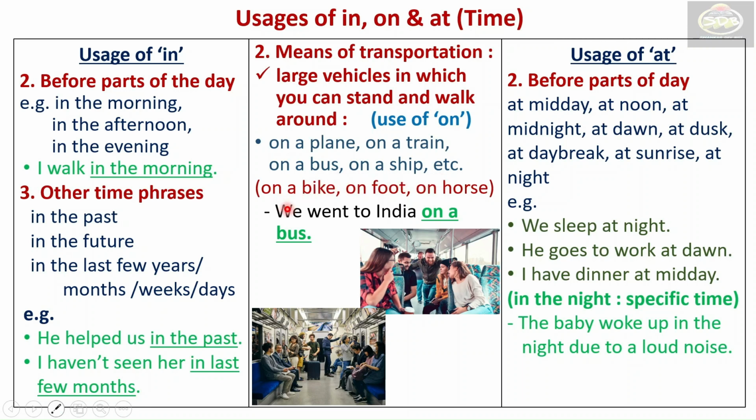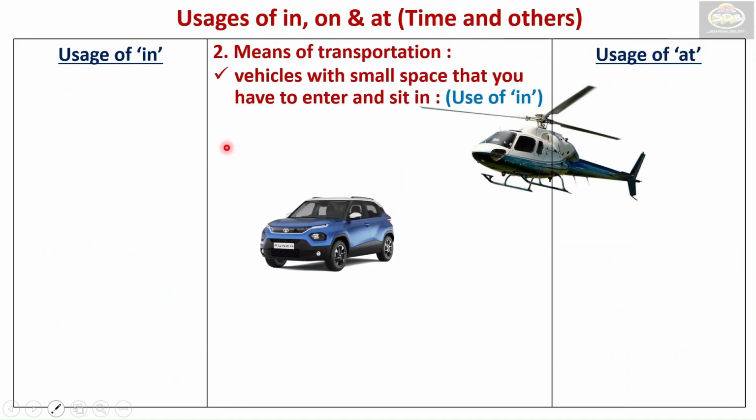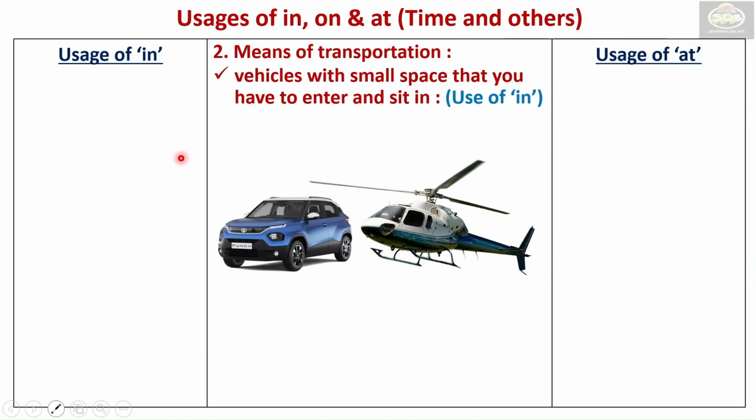But don't forget, we always use on with a bike, on foot, on horse, on bicycle. Example, we went to India on a bus. Next, means of transportation, vehicles with small space where we cannot stand or move around. We have to sit as we enter the vehicles. In such situation, we have to use in.